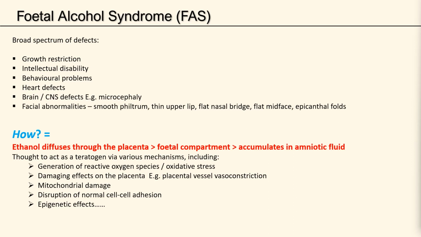We can see intrauterine growth retardation, intellectual disability, behavioural problems, heart defects, and brain and CNS defects, such as microcephaly. All of these are representative of those major congenital defects, whilst the last one, the facial abnormalities, are typically minor, as facial anomalies aren't likely to have a functional impact on the infant.